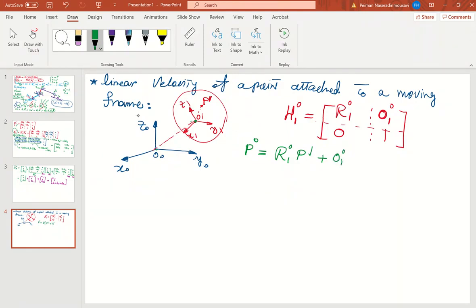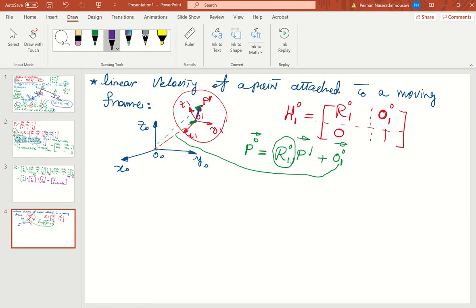Understand? So I'm expressing the position with respect to the point O1 in these coordinates by multiplying by the rotation matrix, and then plus the origin of O1 with respect to 0. These are vectors, that's right. Because as you see, look here, this vector is this vector plus this vector. Let me change the colors because it's too much.